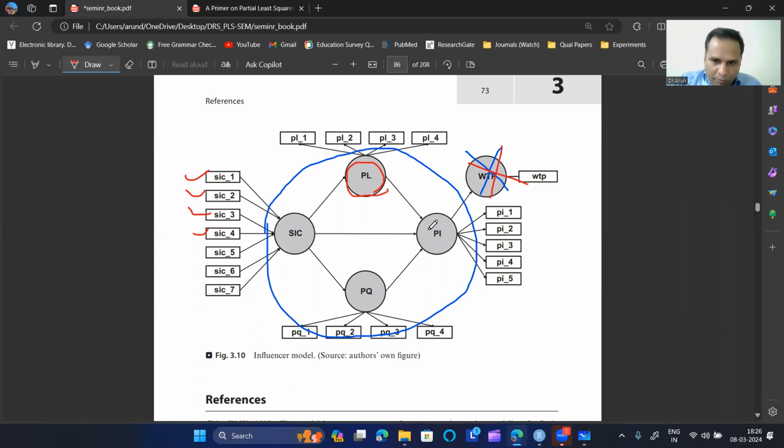So PL, PI, and PQ, all these three constructs are reflectively measured, but there is one construct which is measured formatively. And this is a case of parallel mediation because PL and PQ are opposite to each other. Geometrically, they are opposite to each other. This is what we learned in our school days geometry: two things, if they are opposite to each other, we call them parallel to each other.